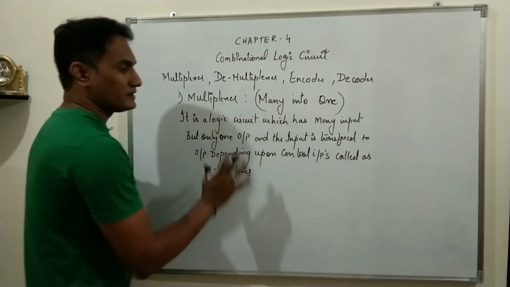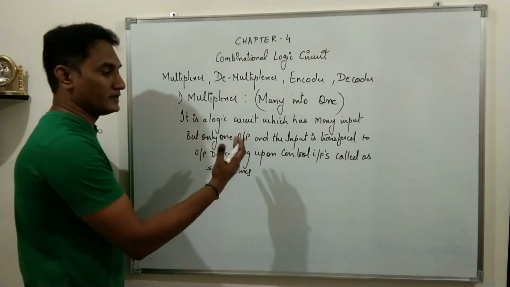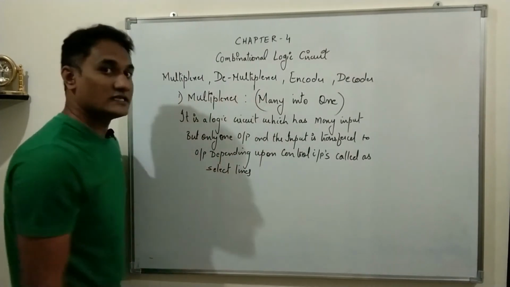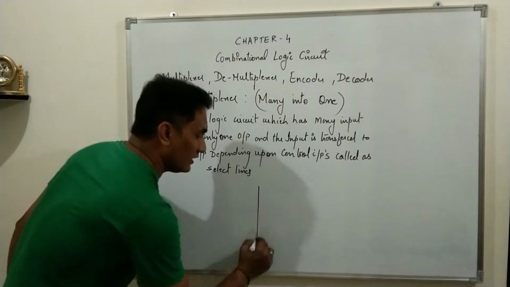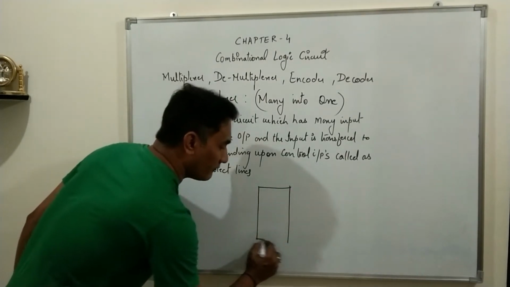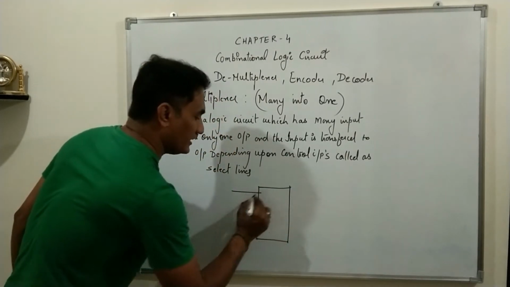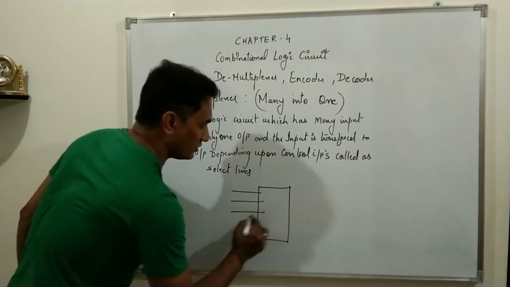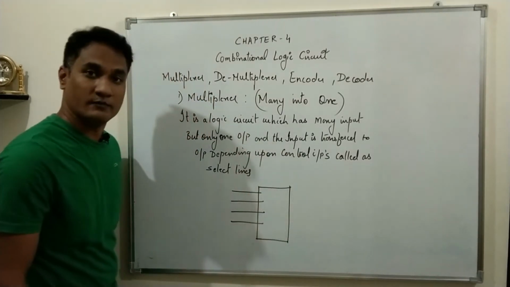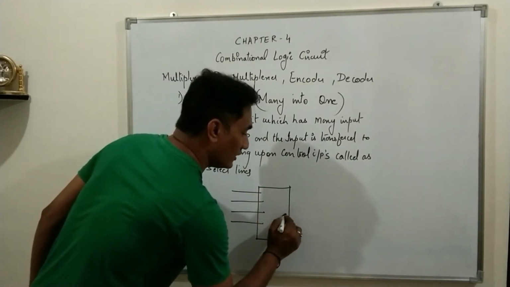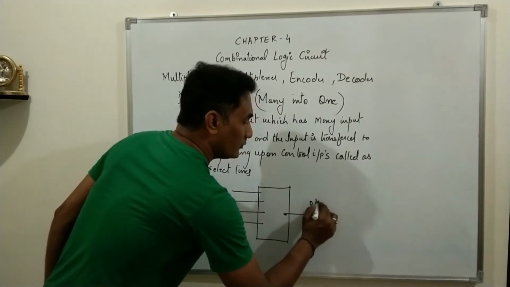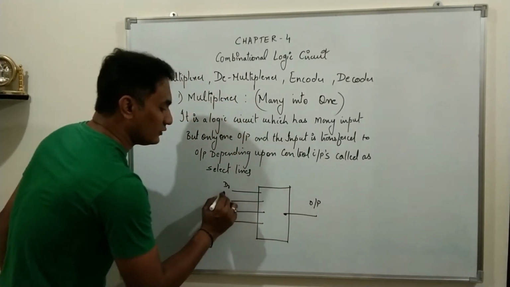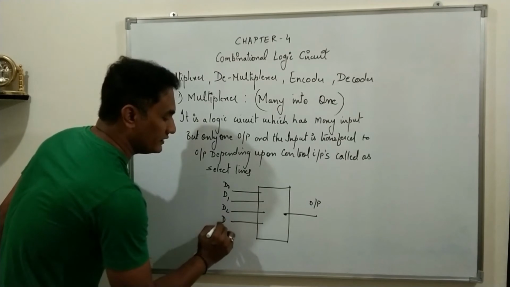So when you understand the logic that multiplexer is many into one, that means if you draw the block diagram of multiplexer, it will have many inputs, say 4 inputs, and it will have only one output. So let's say these inputs are D0, D1, D2 and D3.